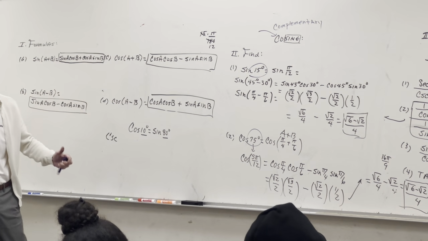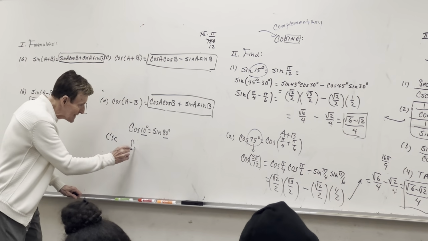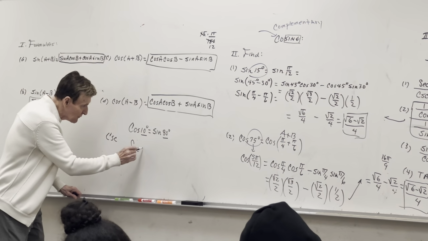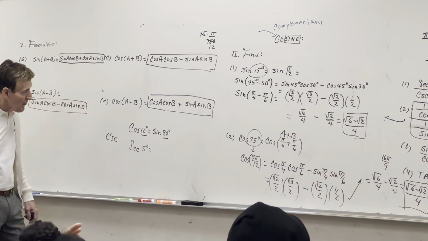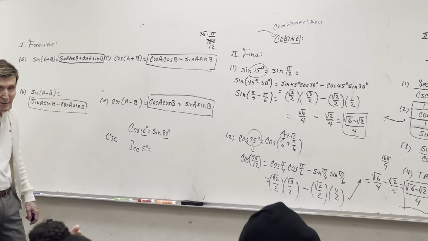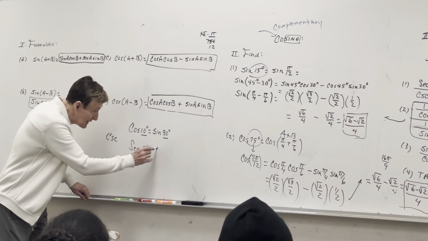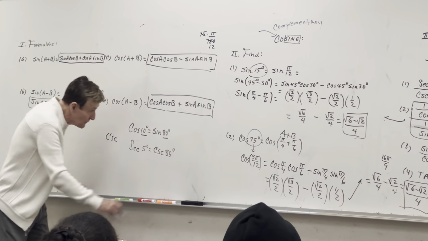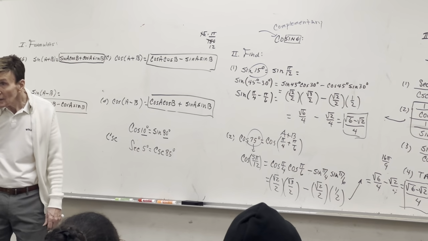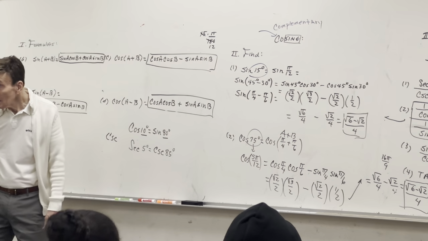Yes. So if I say find secant of 5 degrees, that should be equal to what? Is it cosecant? And how much? 85 degrees? Is it true? See how it works?